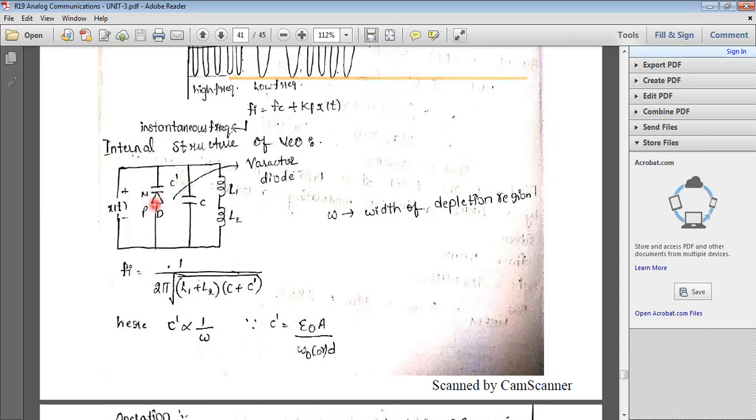Similarly, for a forward bias varactor diode, the distance between the plates is reduced. When the distance is reduced, the capacitance increases, since both are inversely proportional. For a reverse bias varactor diode, the distance between the plates increases, and then the capacitance is reduced.